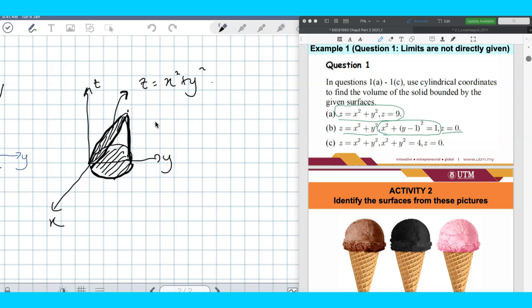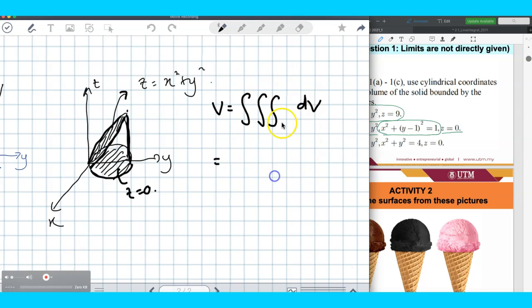So we have to compute the volume of this solid. This one is z equal to 0. To get the volume using a triple integral, you have to find the appropriate order of integration so that your limits will follow through. So ask yourself, what is your orientation, where you will stand inside the solid?